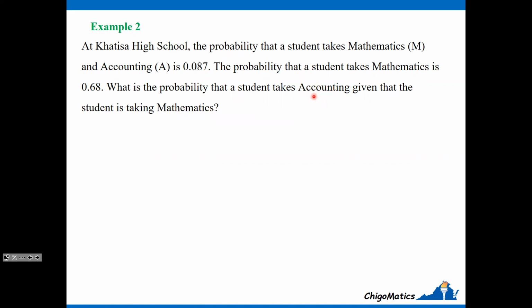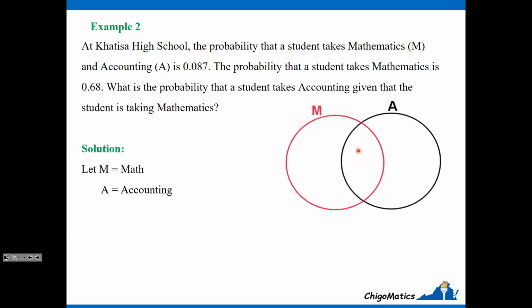So it's conditional probability. The first thing, define the variables, although already they were indicated, but that is to emphasize. Then in a mini Venn diagram, we are simply saying maths, accounting. Let's look at the information. We are told that the student takes maths and accounting, so that is the intersection.